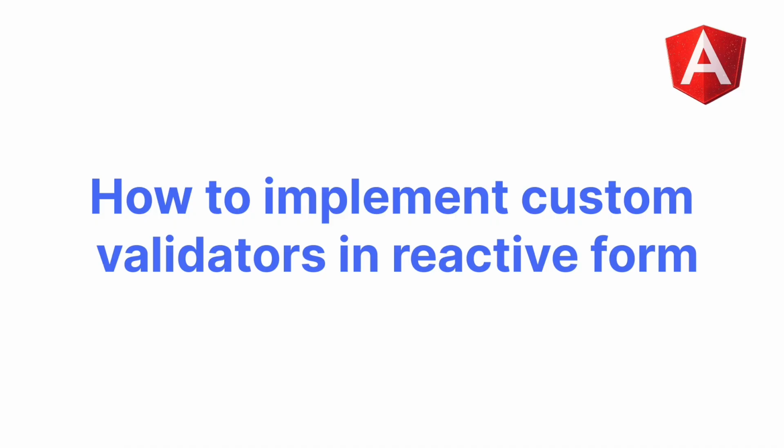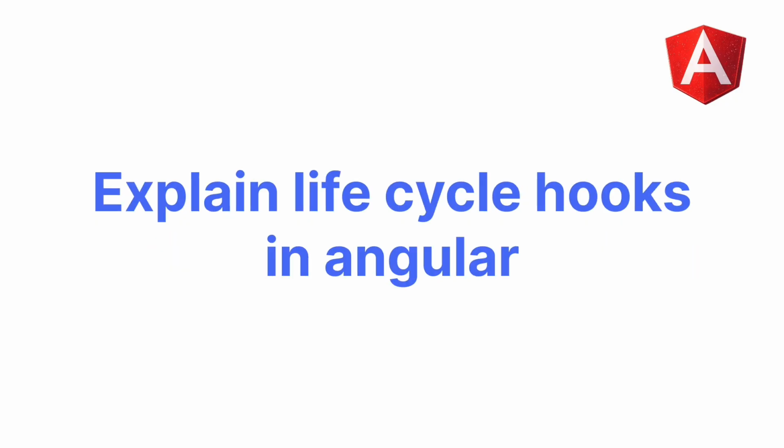Since you are using NgRx and Angular lifecycle hooks, can you list the lifecycle hooks you have used and which are there in Angular? First is ngOnChanges. Whenever an input property value changes, this ngOnChanges lifecycle hook will be called. Then we have ngOnInit.